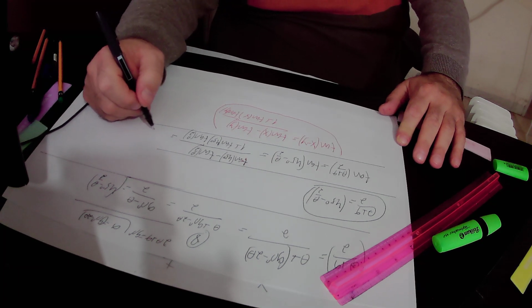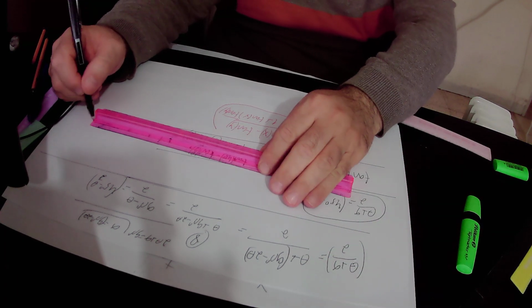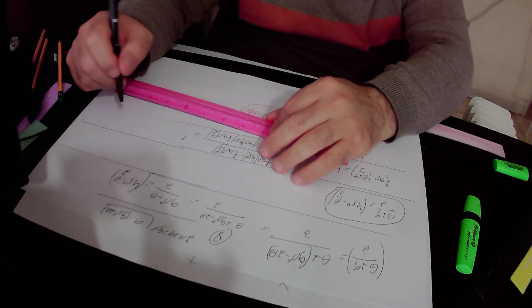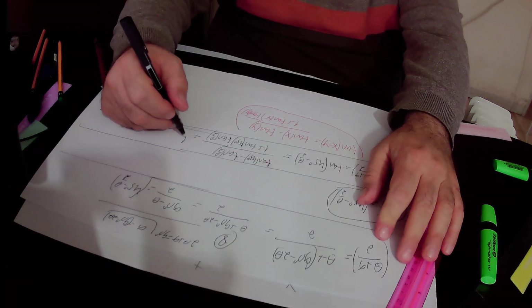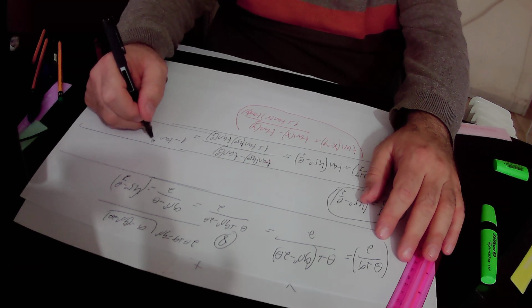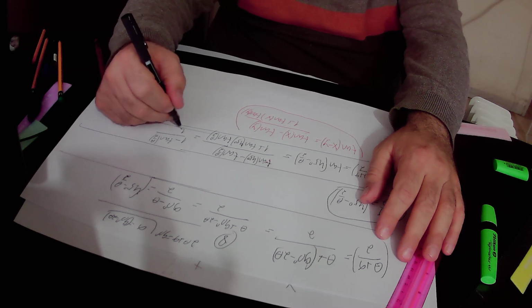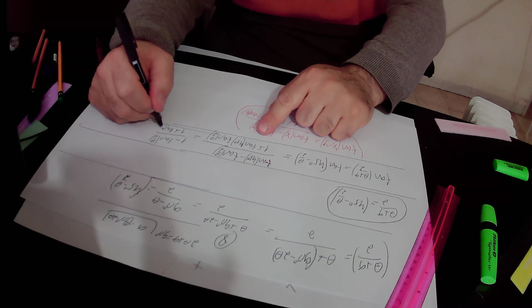We know that tangent 45 degrees equals 1, so it is 1 minus tangent theta over 2, divided by 1 plus 1 times tangent theta over 2.